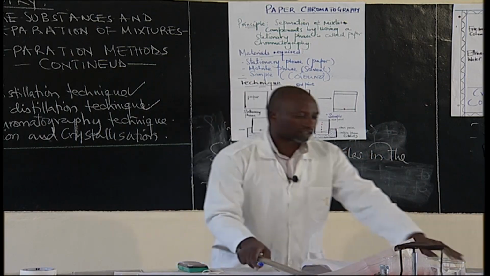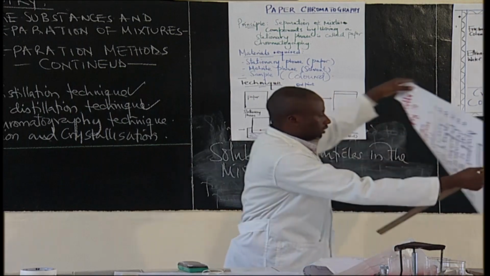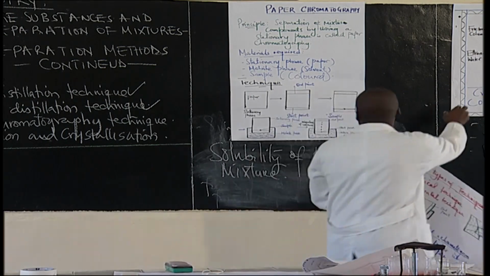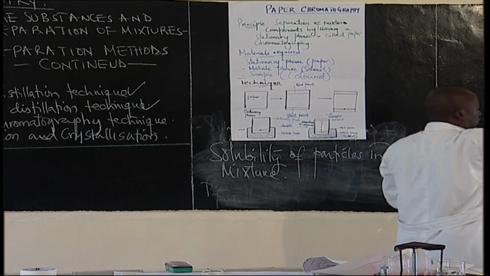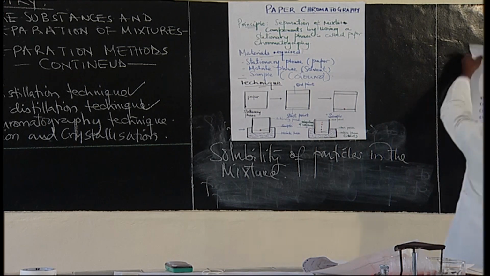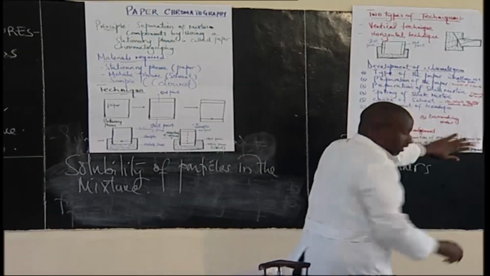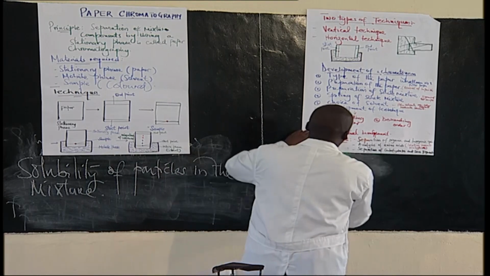That's how it works. And then let's look at the types of the techniques that can be used in the samples that we can use. We are still on the chromatography. These are the types of the techniques that can be used.